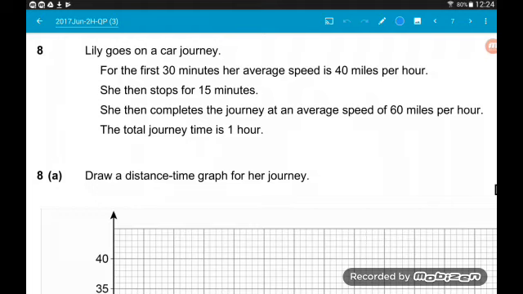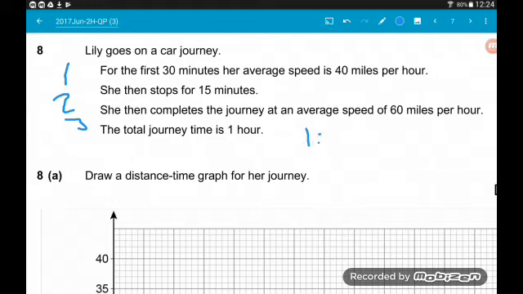So what we want to do is draw that on a distance time graph. So what we're going to need to do is work out what distance she goes in each part of her journey. So let's call the different parts 1, 2 and 3, and let's work out her distances for each part.